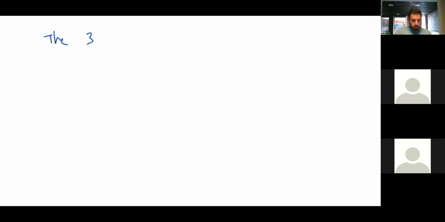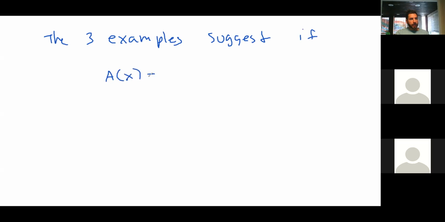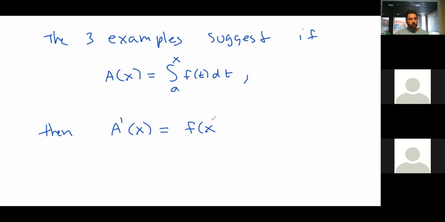These three examples suggest the following general fact. They suggest that if A of x looks like this, then the derivative of A is just the function.